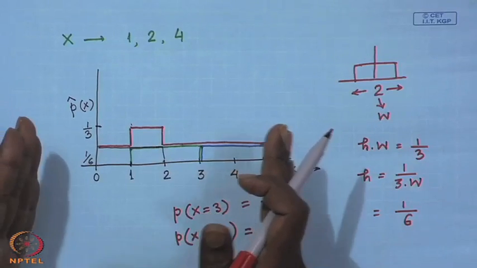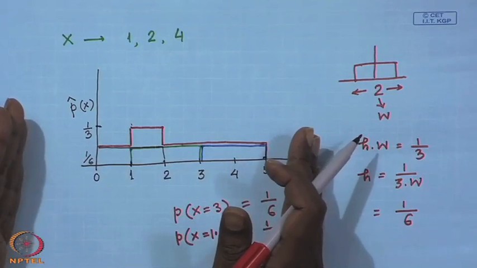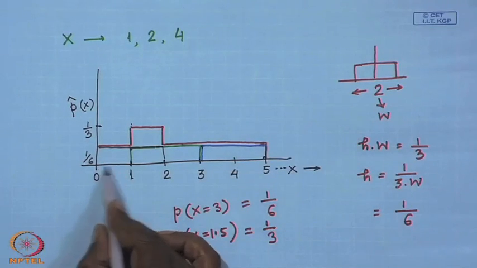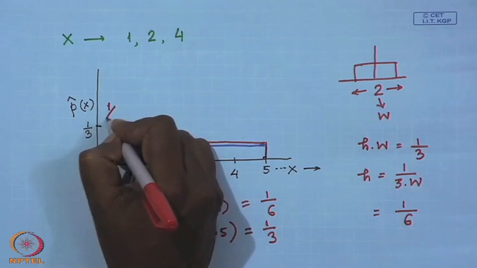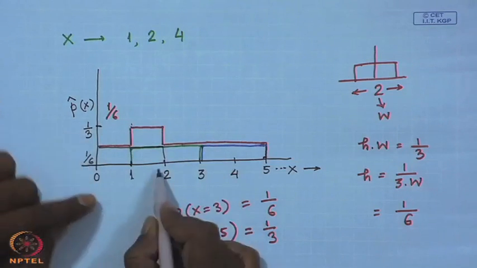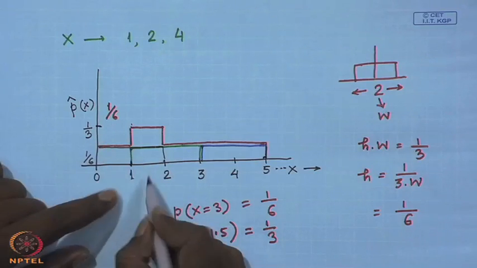Now, if I want to compute the total area under this probability density curve, you find that from here to here the area is 1 upon 6, because height is 1 upon 6 and width is 1. So, area is 1 upon 6.